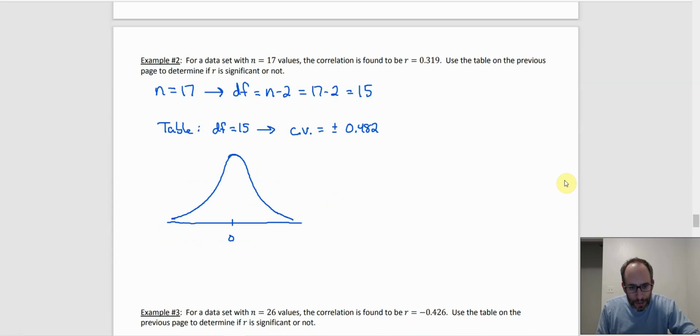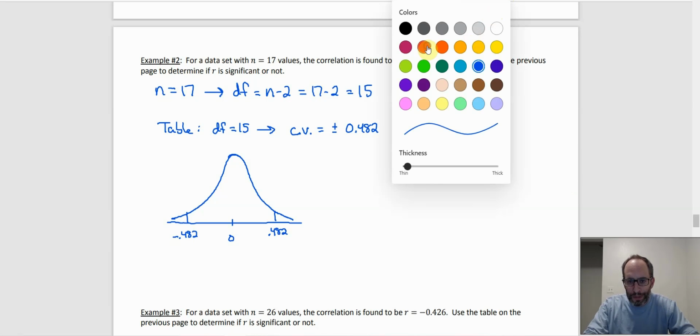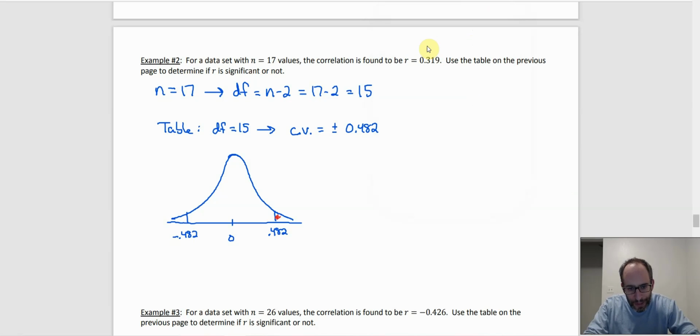All right, so let's see. Negative 0.482 and positive 0.482, and make them red again. All right, so then there's one part of the rejection region, and there on the left side is the other.